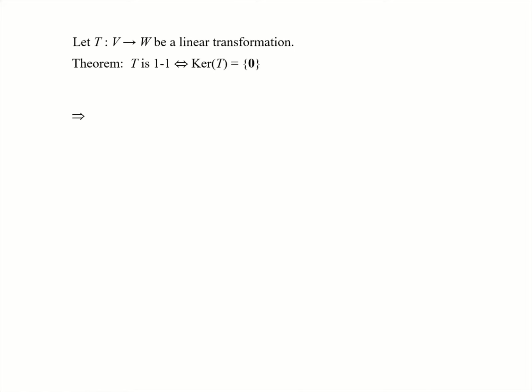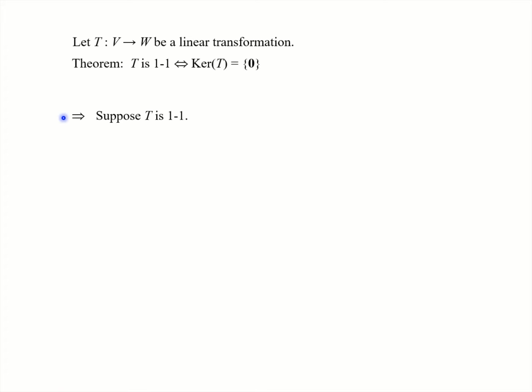Okay, so when you prove an if and only if theorem, you've got to prove it both ways. The first one I'm proving is: if T is 1-to-1, then the kernel of T equals the zero vector. So we assume T is 1-to-1.